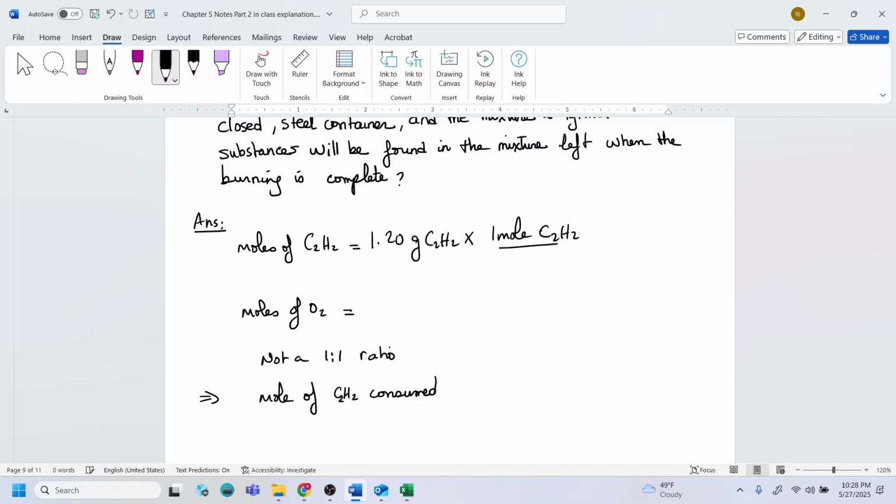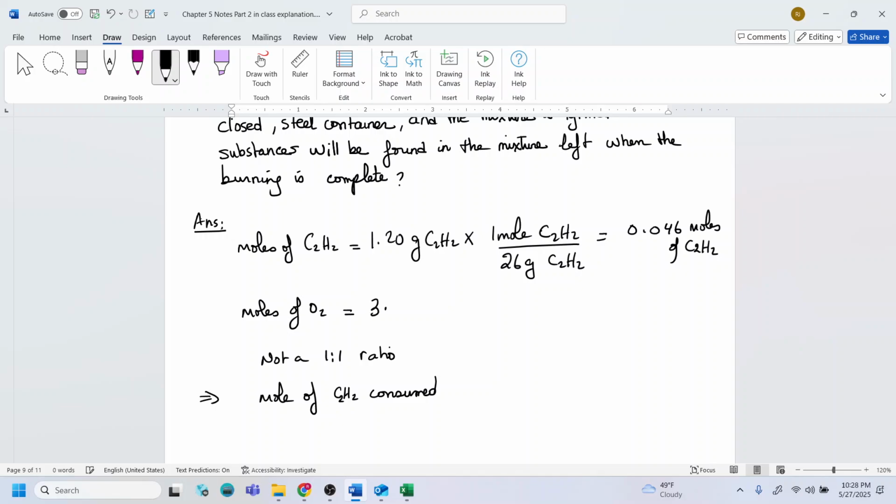This is C2H2 divided by the molecular weight, which is 26 grams of acetylene, and that is equal to that much moles of C2H2. Do the same thing for the oxygen.